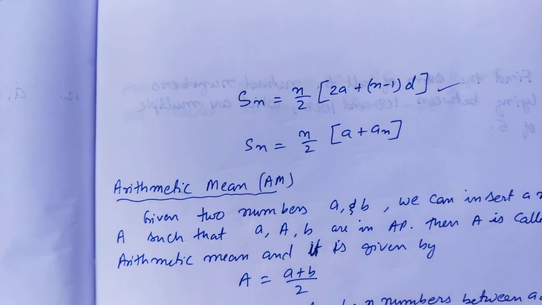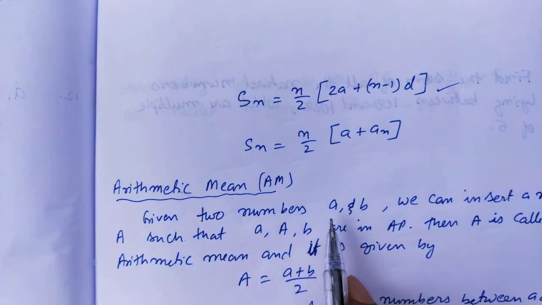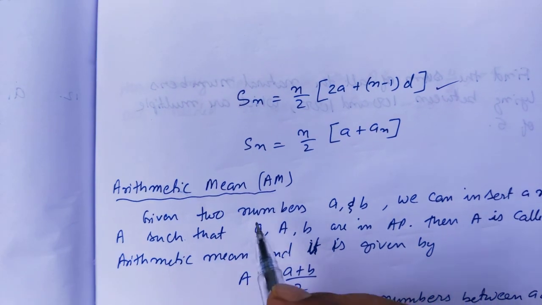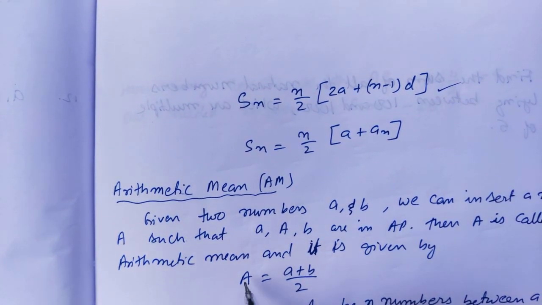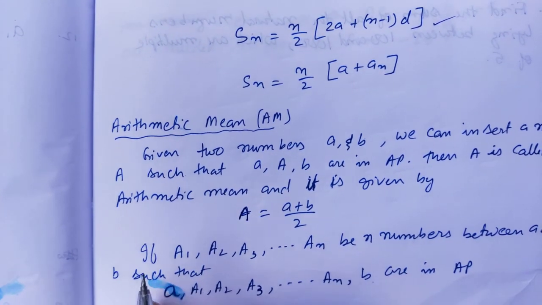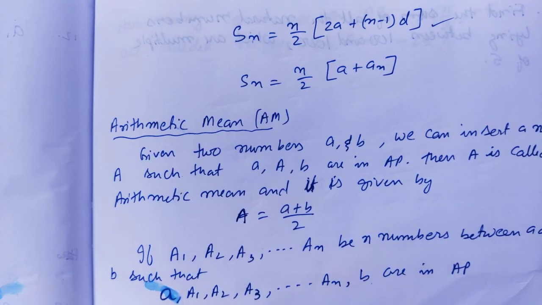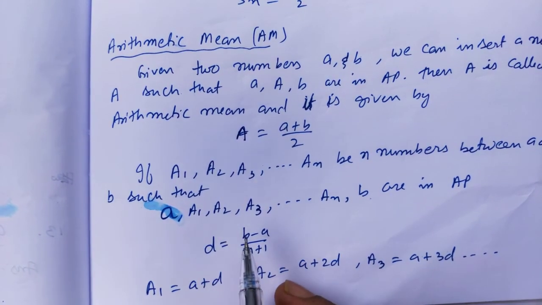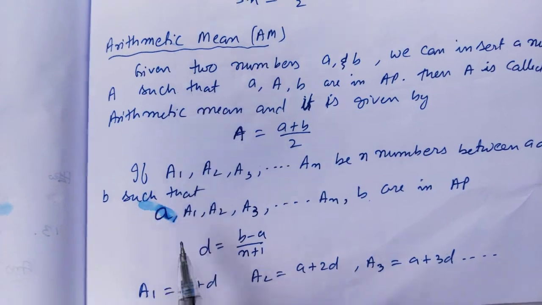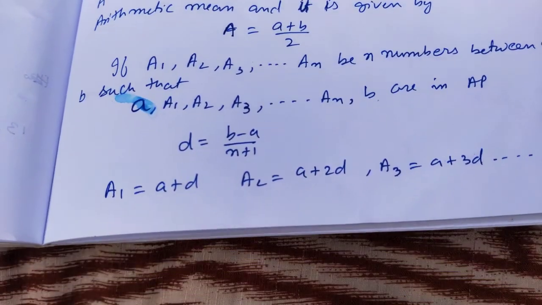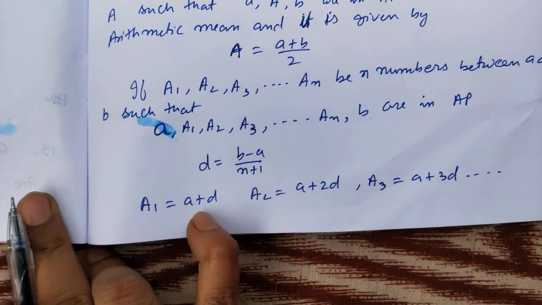Arithmetic mean. Suppose there are two numbers a and b, and between these we are going to insert another number, say capital A. Then the arithmetic mean is given by A equal to (a plus b) by 2. And suppose we are inserting more numbers, then we find the value of d by (b minus a) by (n plus 1), where n is the number of terms inserted, and we can find A1 by using the formula a plus d.